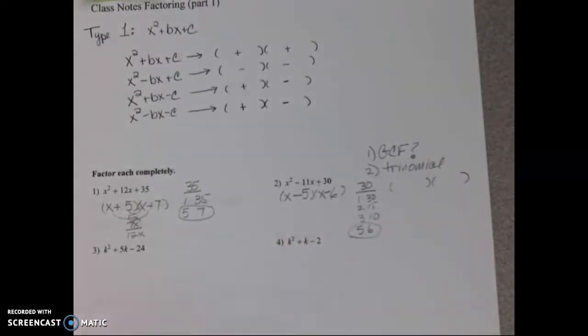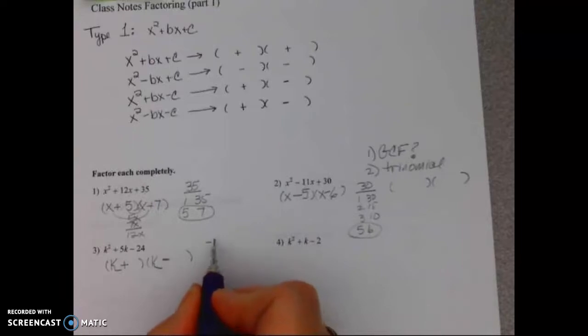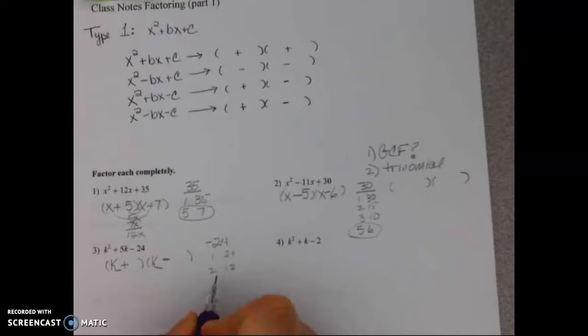Let's try another. K squared. I can't factor anything out, so it's two sets. Drop your k's in there. K times k is k squared. Factors of negative 24. Negative 24 means my signs have to be different. So it's factors of negative 24. 1 and 24, 2 and 12, 3 and 8.